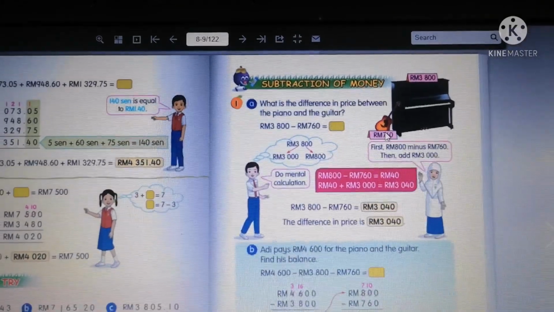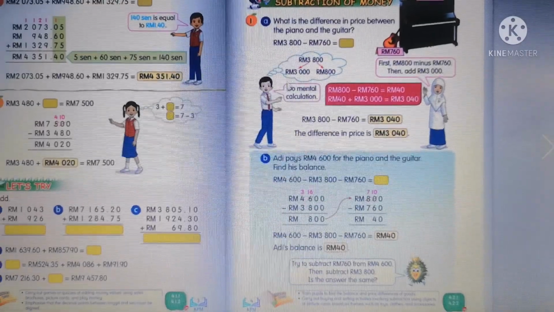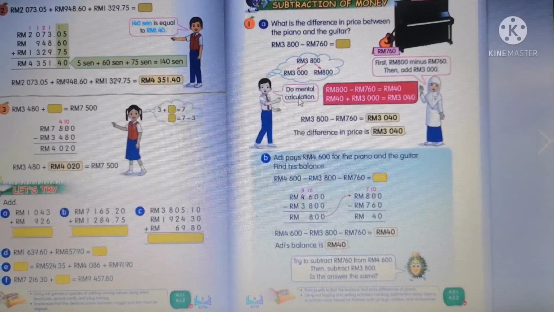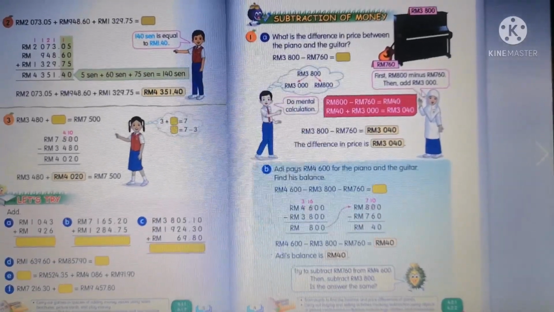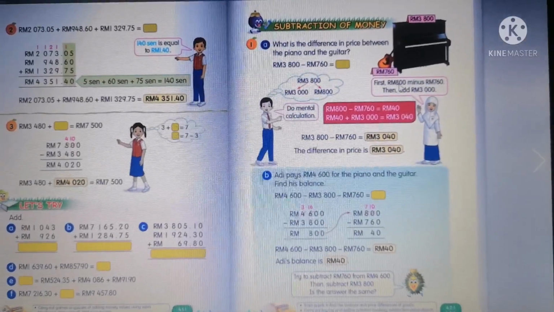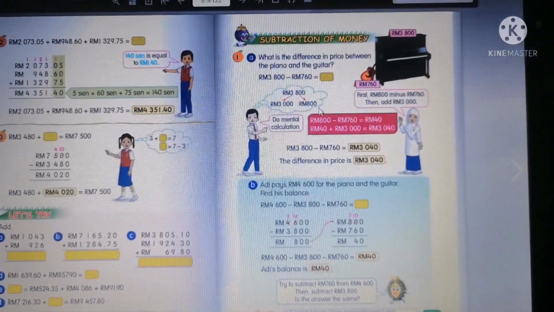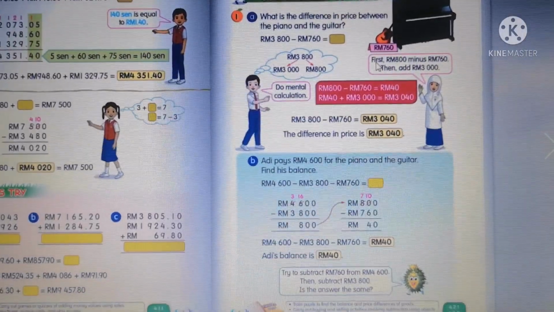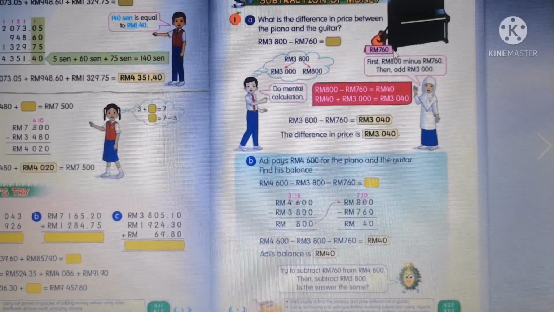So we do the question. Before that, don't get confused with this one. This one is mental calculation. Mental calculation maksudnya tak gunakan apa-apa. You have to do it in your own head, okay? Like without using pencil and books. So what they ask you to do, in order to solve it quickly: first, from 3,800, take out the 800 and minus the 760 first.